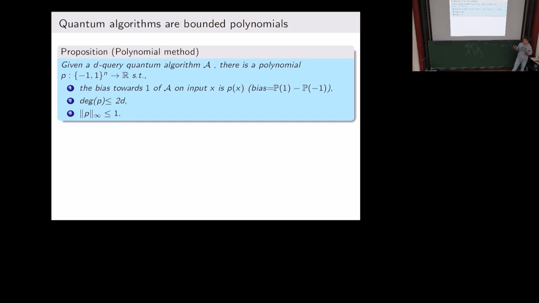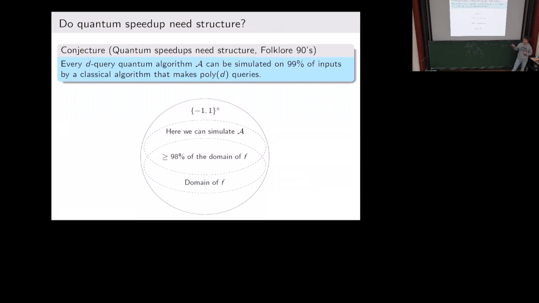So this is a way of forgetting about quantum algorithms: if you can say something about polynomials of this kind, then you can say something about quantum algorithms. Let's go back to the question we cared about, showing that we can simulate quantum algorithms with classical queries.